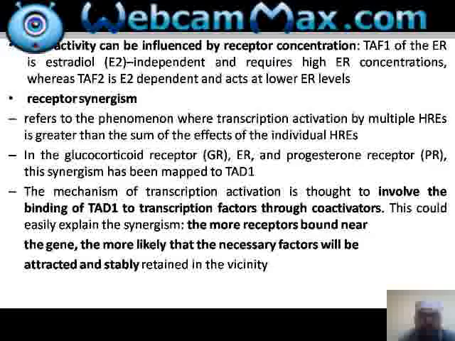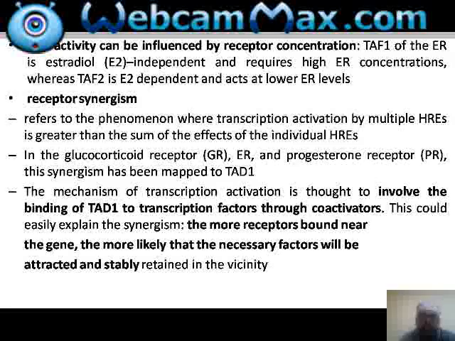The mechanism of transcription activation is thought to involve the binding of TAD1 to transcription factors through coactivators. That means coactivators are also involved in the binding process.